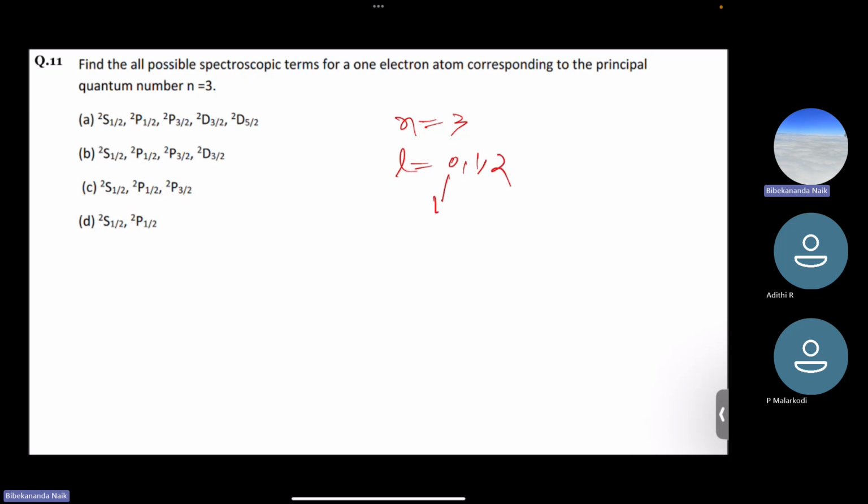Corresponding to L equal to 0 and S equal to 0, we have J equals to 0. Sorry, here S is not equal to 0, it is a one electron atom. So one electron atom means S is half.